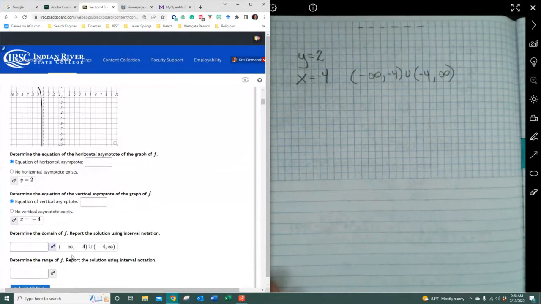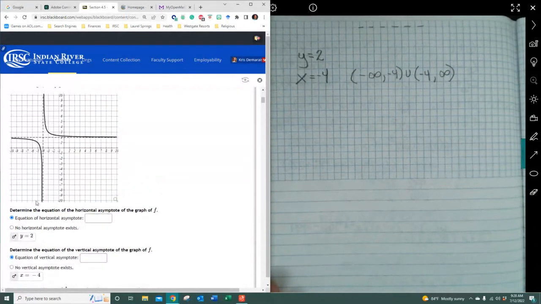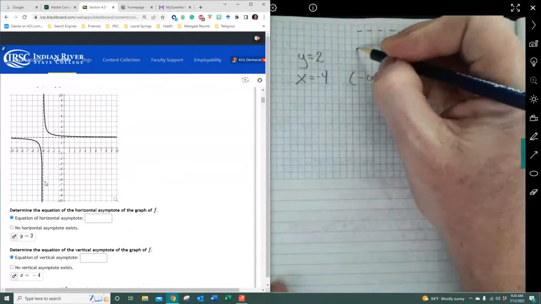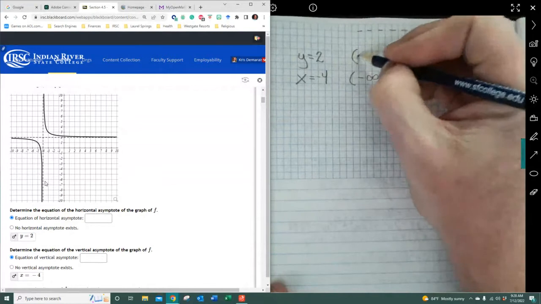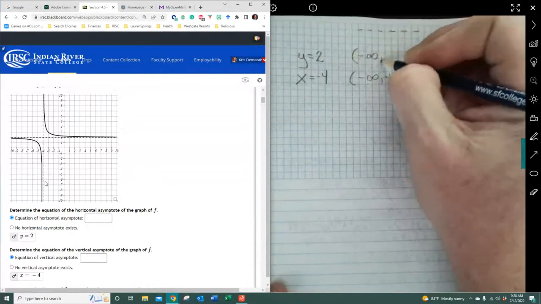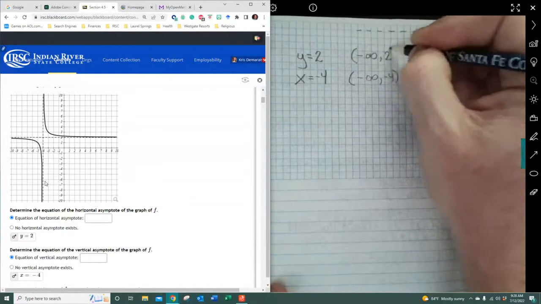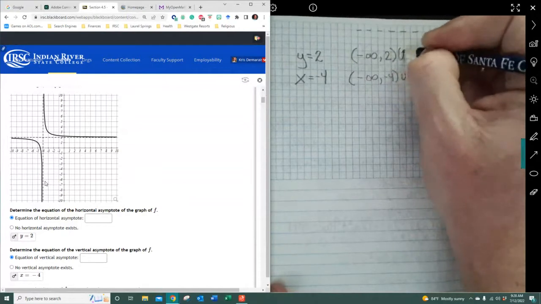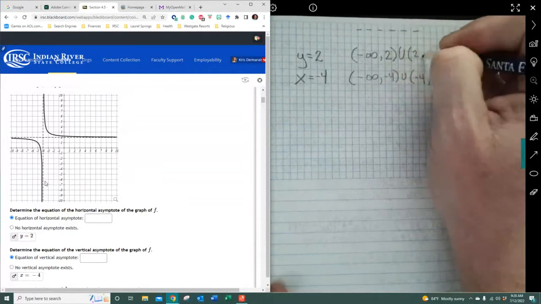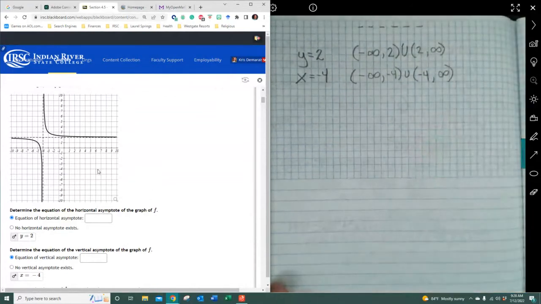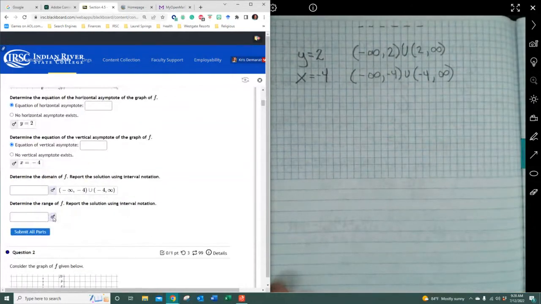And then the range, where you're looking from top to bottom, is going to be the same thing. It's going to be from -infinity all the way up to our horizontal asymptote, and then we're going to jump over that.